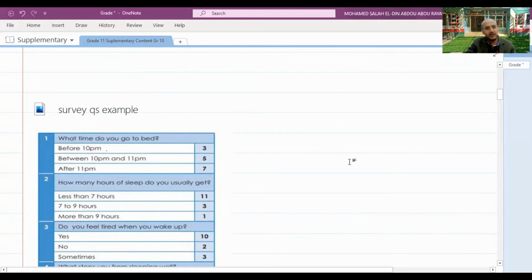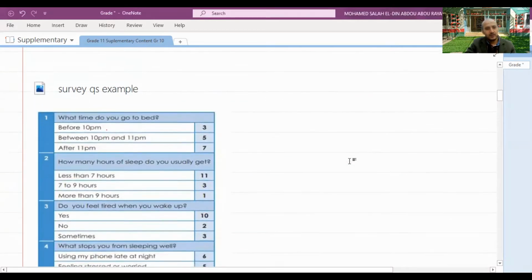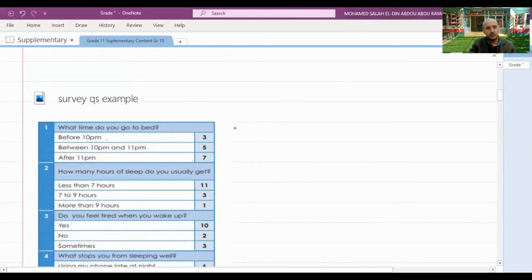This is a survey questions example, and you will find it in your skills book, page 42. This is a template or example for the survey questions.